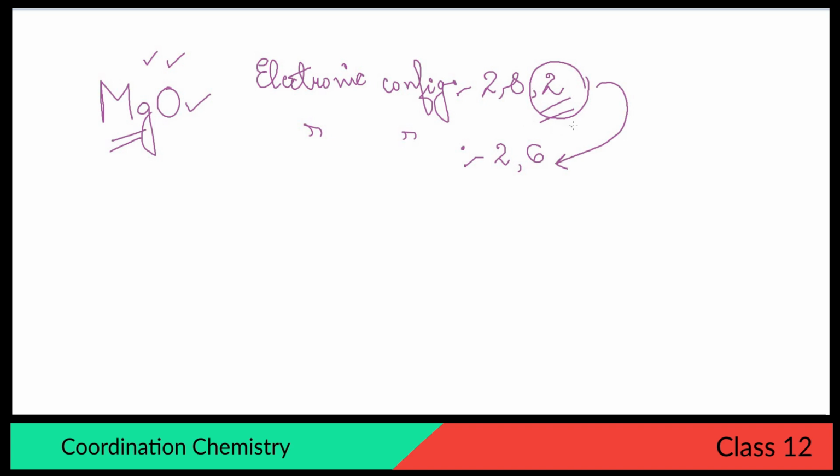Now, one thing, it's very basic, but the concept needs to be clear. Whenever there is a loss or gain of electrons, electrons cannot fly in the atmosphere just like that. If somebody is losing electrons, there has to be a counterpart which will accept those 2 electrons. It cannot happen that somebody loses an electron and it just vanishes in thin air.